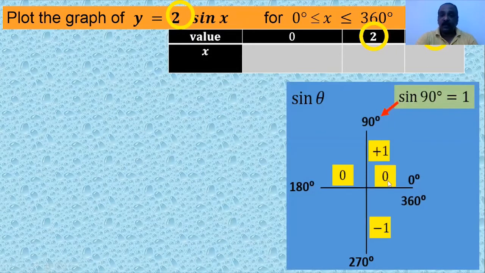Value 0 diberikan oleh 0 darjah, 180 degree, dan 360 darjah. Ulang balik. So, write everything. 0 degree, 180 degree, and 360 degree. So, mereka yang memberikan nilai 0 bagi sin x.